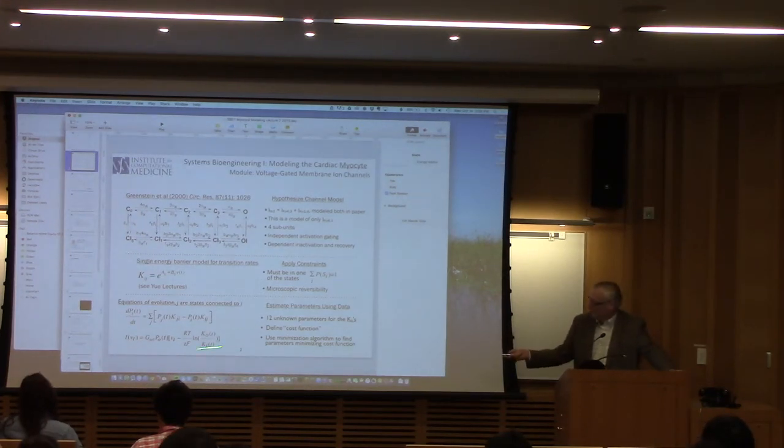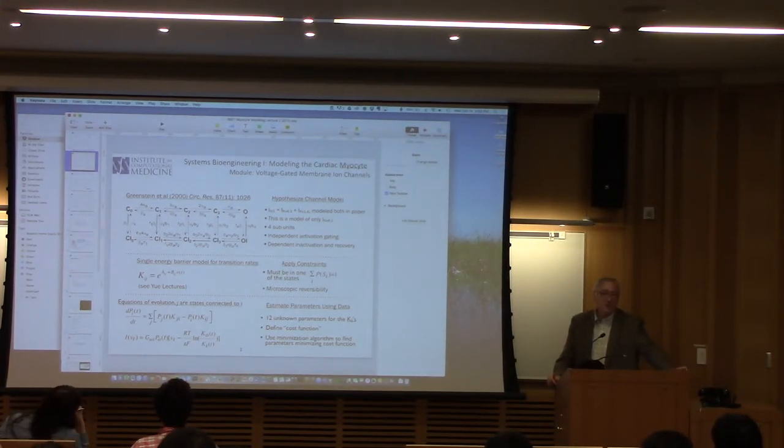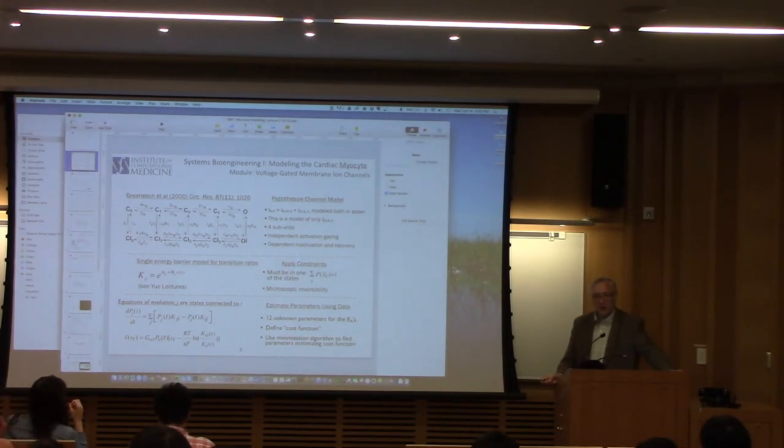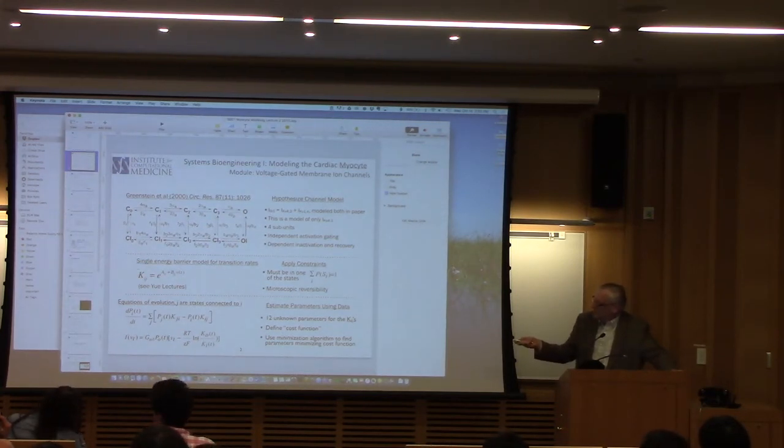We need this current expression ultimately to integrate this channel model into a model of the myocyte and use the current through this complement of channels to describe how membrane potential of that model changes over time. We'll come to that in a minute. We talked about the form of the transition rates, the rate at which one switches between different states in this model. It has this exponential form, so we're going to talk more about this now.